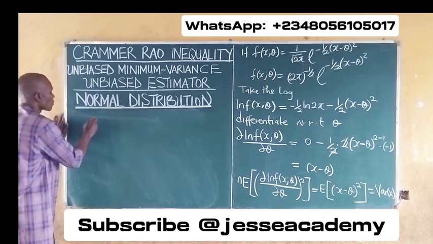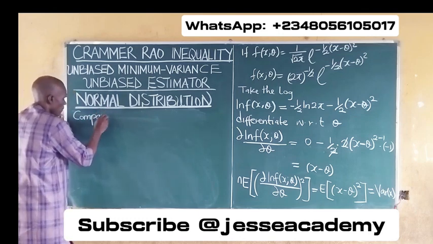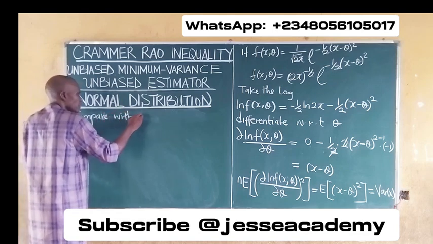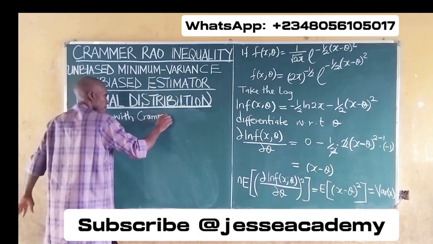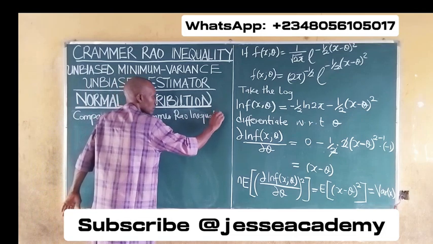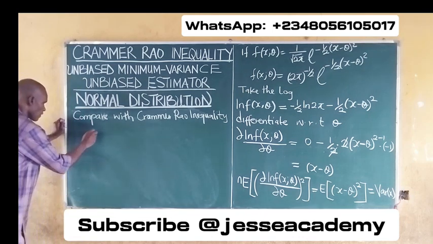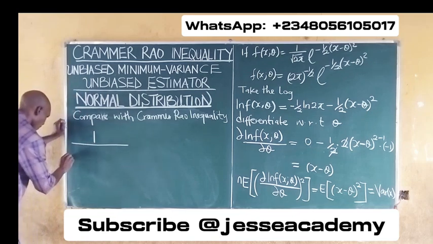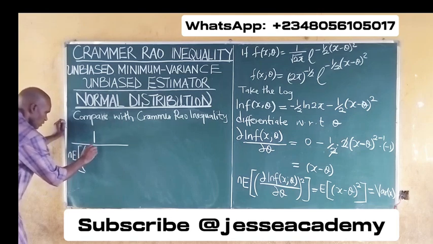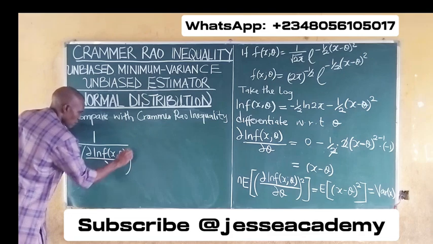So comparing it with our Cramer-Rao inequality, if we compare it, we have 1 all over n multiplied by our expected value of the differential of the log of our given PDF all over this, squared.